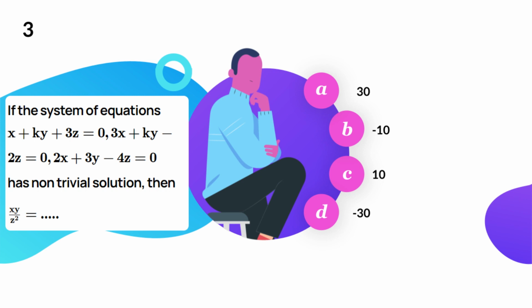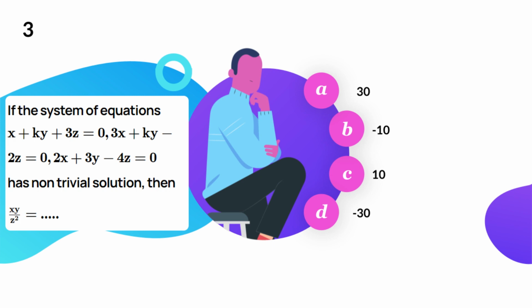Has a non-zero solution, or you can say non-trivial solution x, y, z, then the value of xz/y² will be. So if the system of linear equations has a non-zero solution, then the determinant of the coefficients of x, y, and z will be 0.